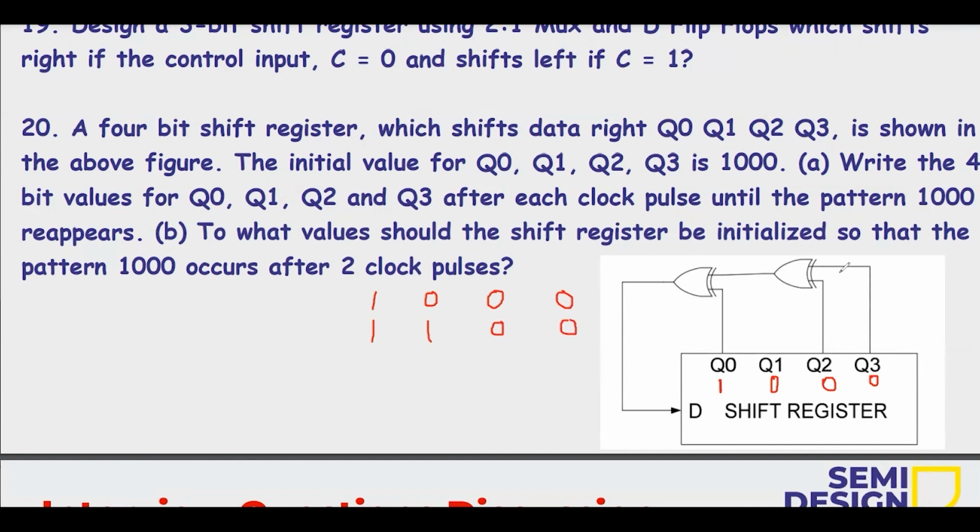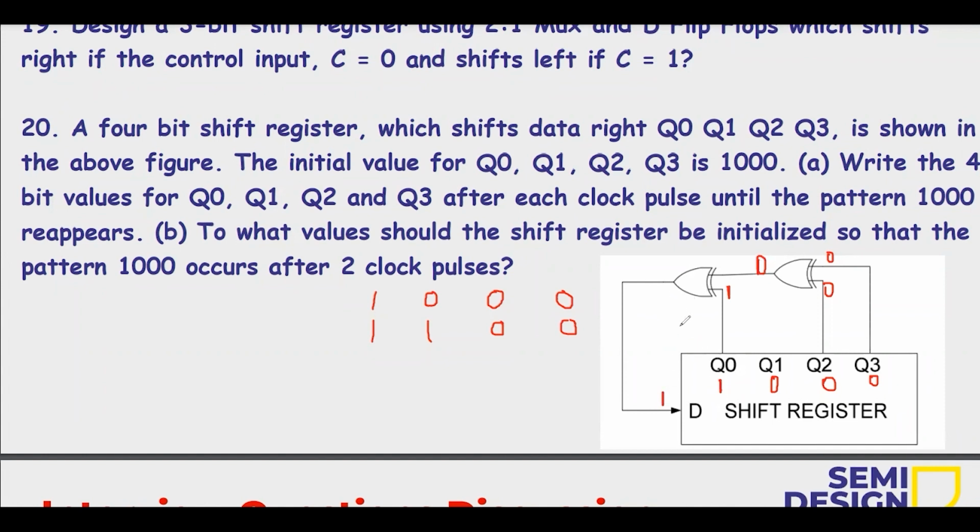Wait, 1100, how is it? Here we are giving a 0, here also a 0, and here it is a 1. So for the next clock cycle, here we'll get the output, right? So 00 means output, what is the output? 00 is 1. Here 11 is, sorry, XOR gives 0. So 00 gives a 0, here output is a 1.